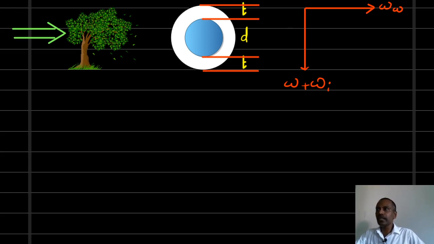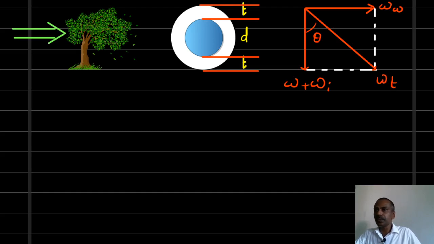So we have two vectors. We need to find out the resultant vector now. Let's draw the parallelogram. The diagonal of this parallelogram will give the resultant vector. So this is the resultant vector, Wt.